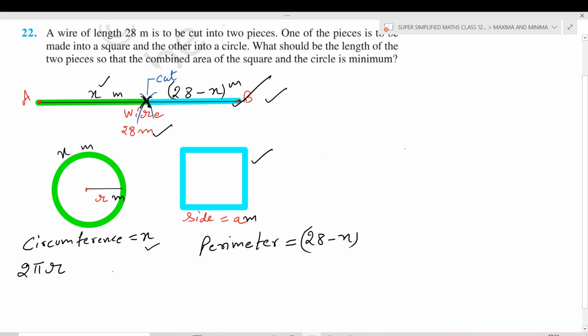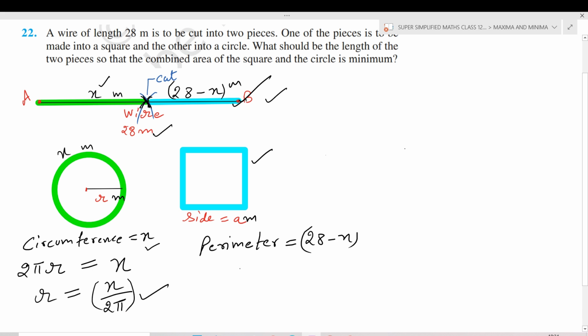So 2 pi r should be x. So I am able to find the value of r in terms of x. I got that r is equal to x upon 2 pi.